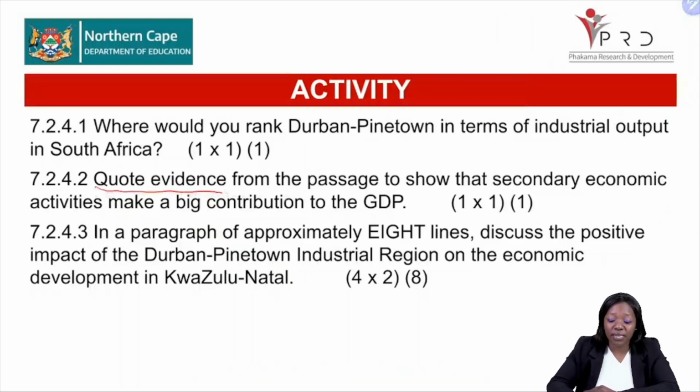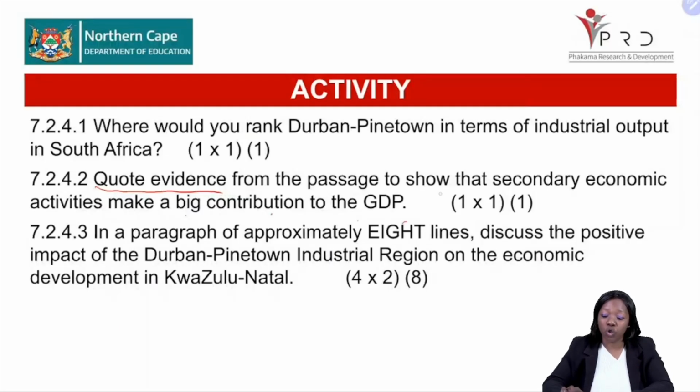So quote evidence from the passage to show that secondary economic activities make a big contribution to the GDP. Remember, you are not just quoting any sentence you come across, but you need to link it with what is going to show that secondary economic activities make a big contribution to the GDP.